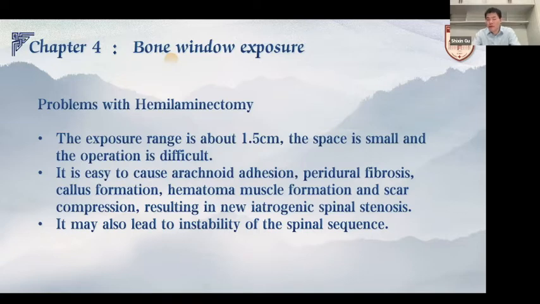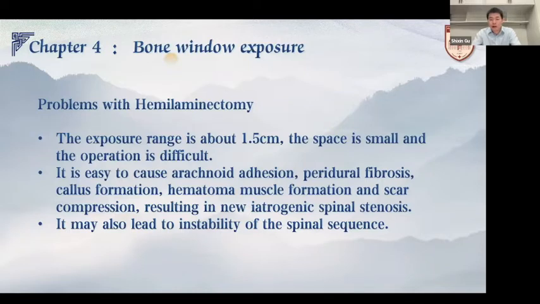In addition, it has been reported in the literature that this type of surgery is more likely to cause arachnoid adhesions and fibrotic callus around the scar, around the dura. After a period of time, the compression of the scar will cause new spinal stenosis.